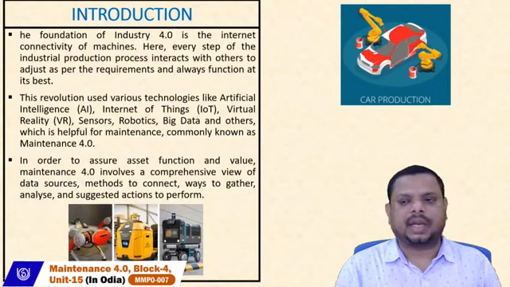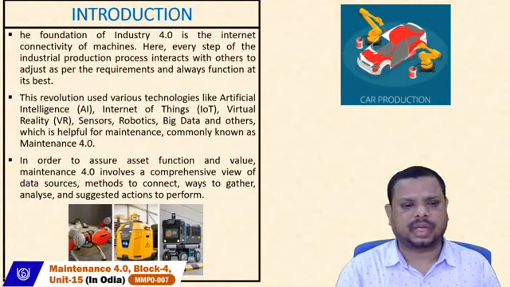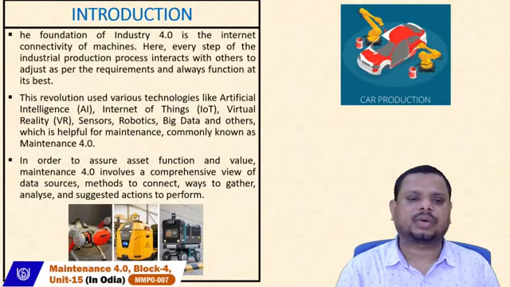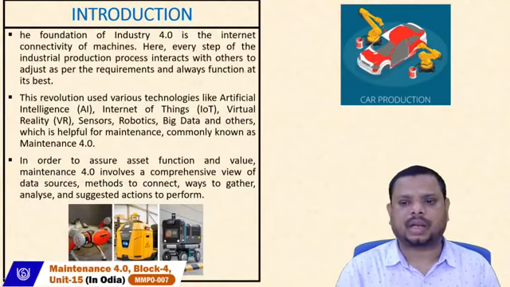In maintenance 4.0, the first important part is that they collect a large number of data sources. Then the next is the method to connect and the way to gather the various amounts of data. Then they go for analysis with the help of various software, and if possible, they will provide a large amount of supportive decisions to enhance maintenance activities.